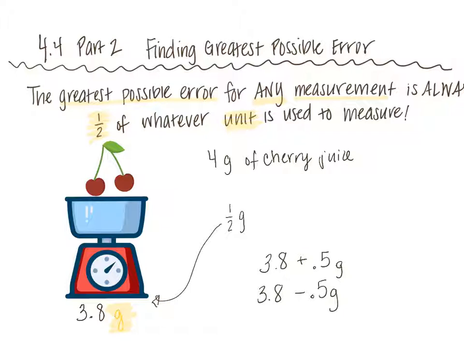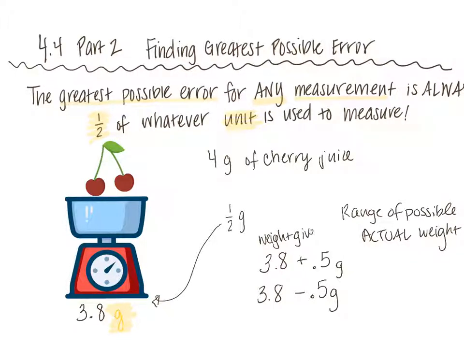So if I'm wanting to find the range of possible actual weight, I need to take what my scale read, the weight given, and then I have to add or subtract the amount of possible error.